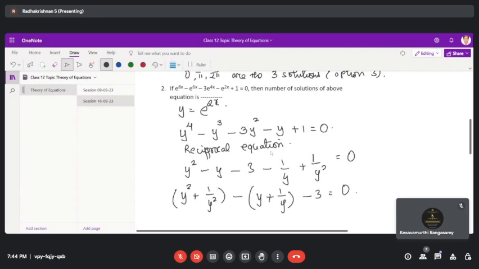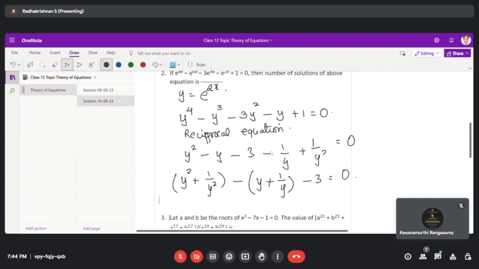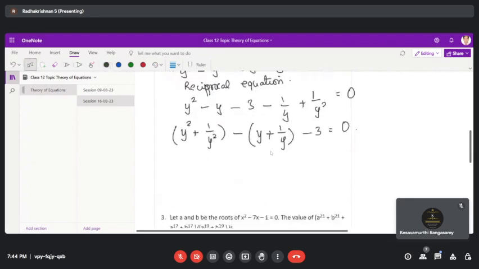So what is next? Sir, y plus 1 by y equal to z. Right. Let's put it like that. Then y square plus 1 by y square will be what? z square minus 2.